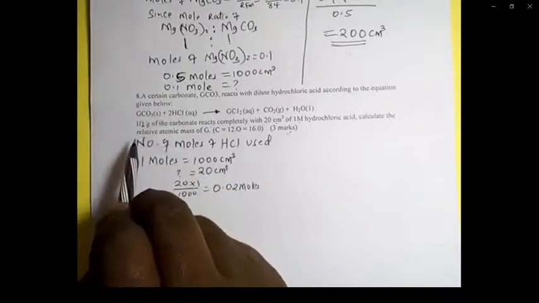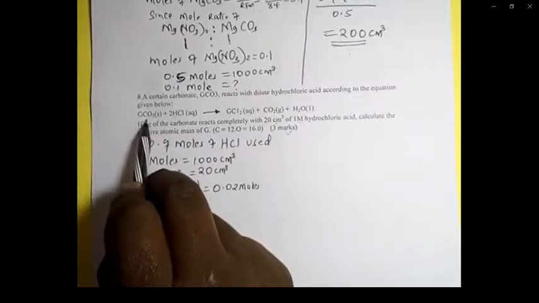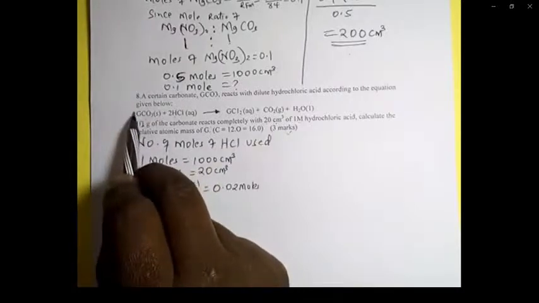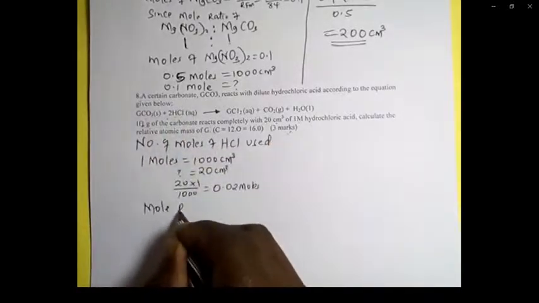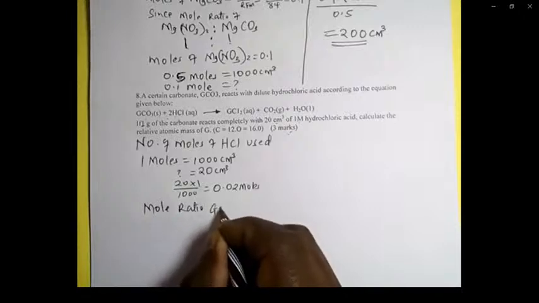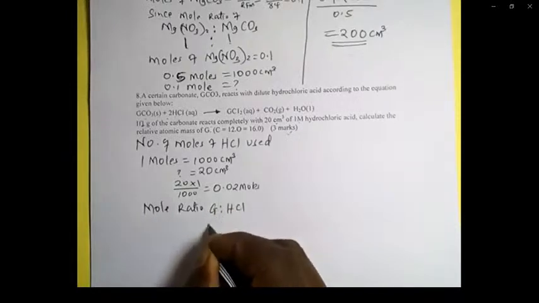So we can automatically get the number of moles of the G carbonate from the equation. We can see the mole ratio of the carbonate, the G carbonate, and the HCl is 1 to 2.